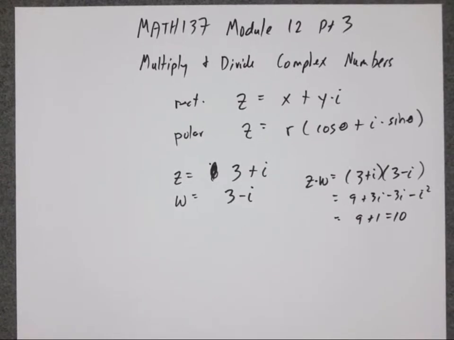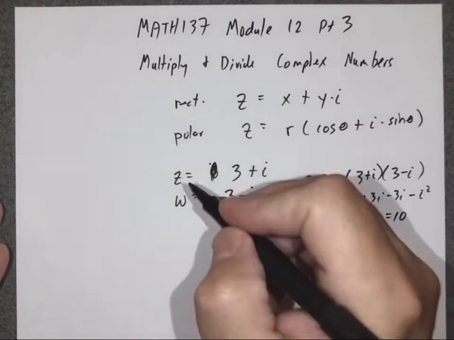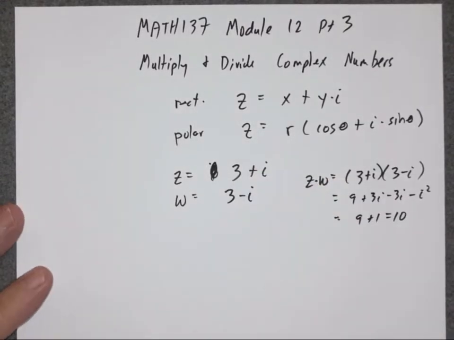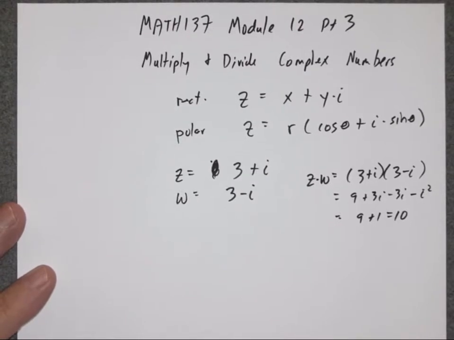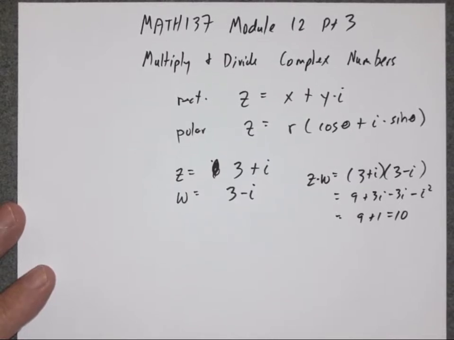Now here's what I want to do. We can also multiply complex numbers together if they're in polar form. There's some special equations, and you might ask yourself, well, this looks pretty simple, why do we want to do it?